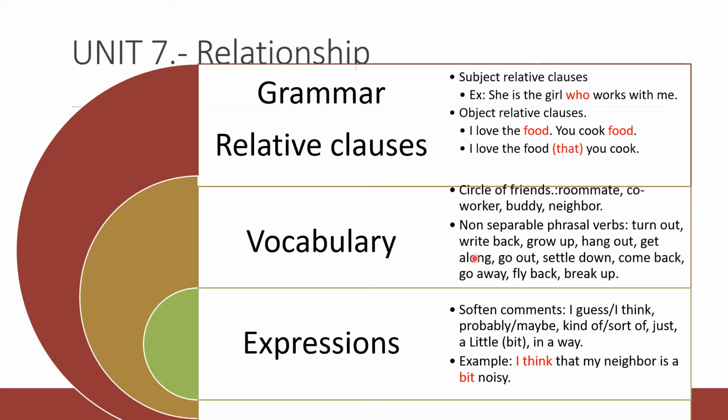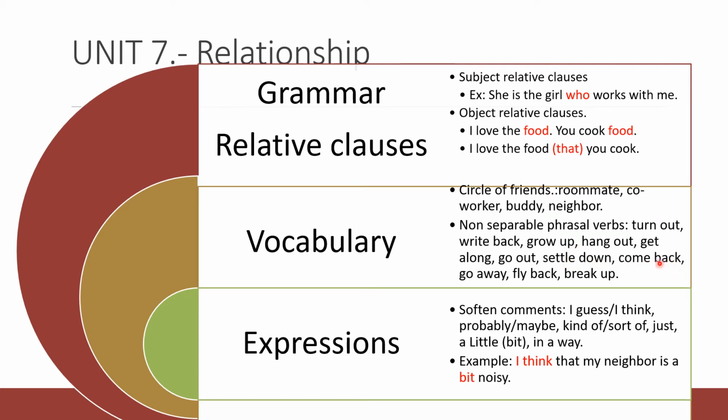Get along, it means llevarse bien. Go out, it means salir, but not salir de una habitación. It means to go out and have fun, maybe on a date or to a restaurant with your friends. Settle down, in Spanish, means como sentar cabeza. It means that you are ready to get married.